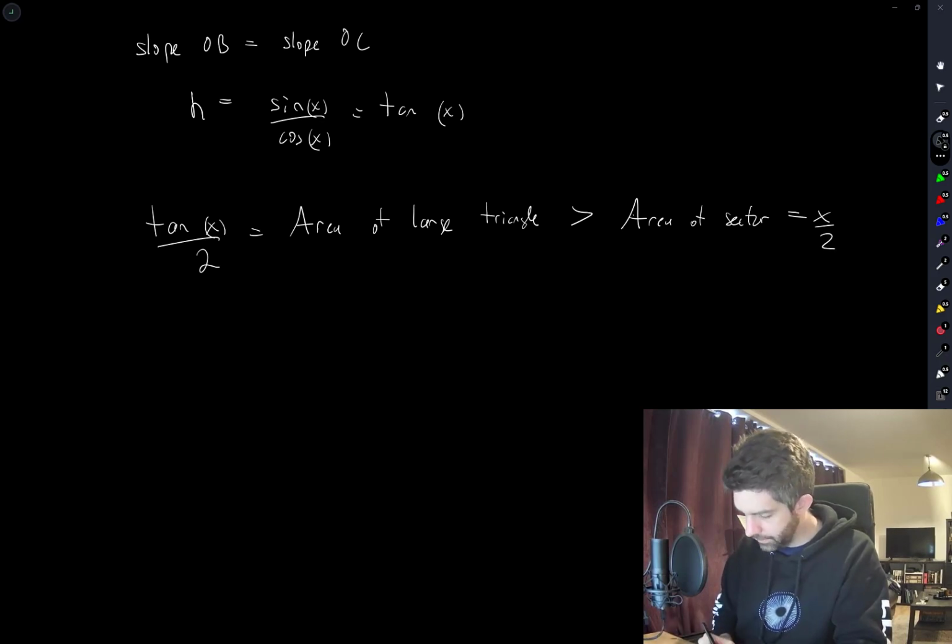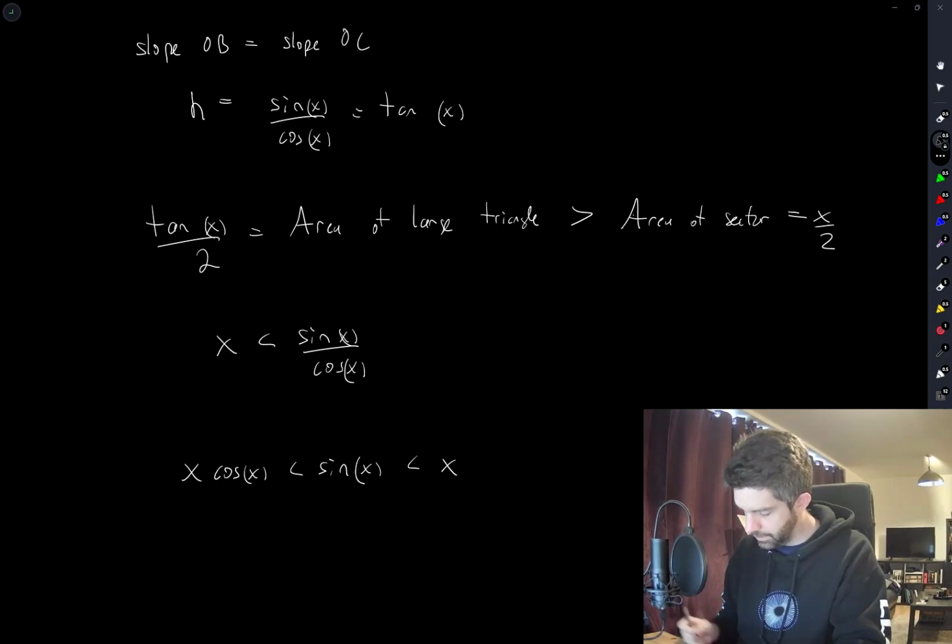So this gives us that x is less than sine x over cos x, so x cos x is less than sine x, which is what we were asked for. And I'll include the original inequality there as well.